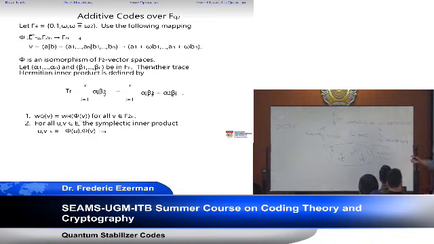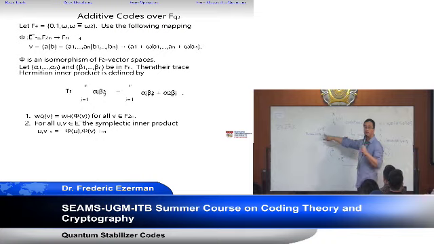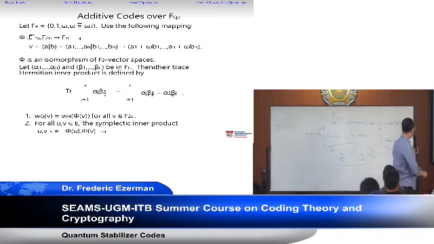If two vectors are orthogonal under the symplectic inner product, what will the inner product become when you turn them into this? Turns out the inner product now becomes the trace Hermitian inner product, the trace of the Hermitian inner product, because this code here is additive.